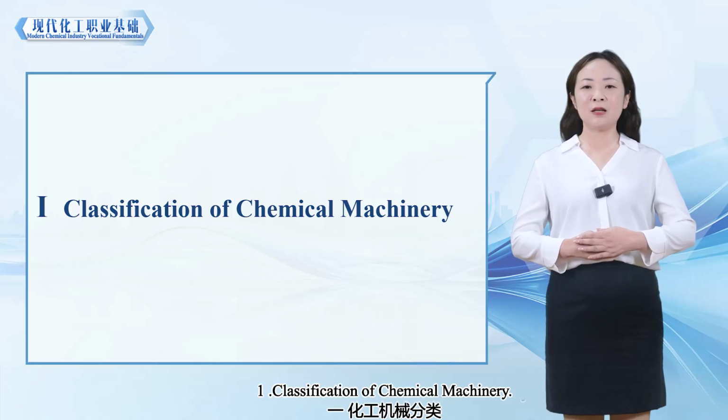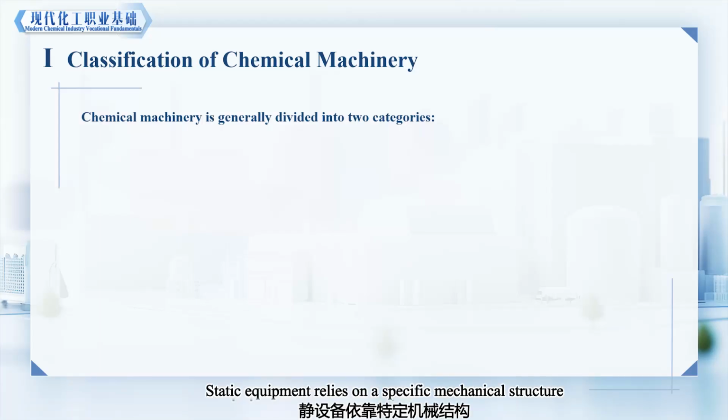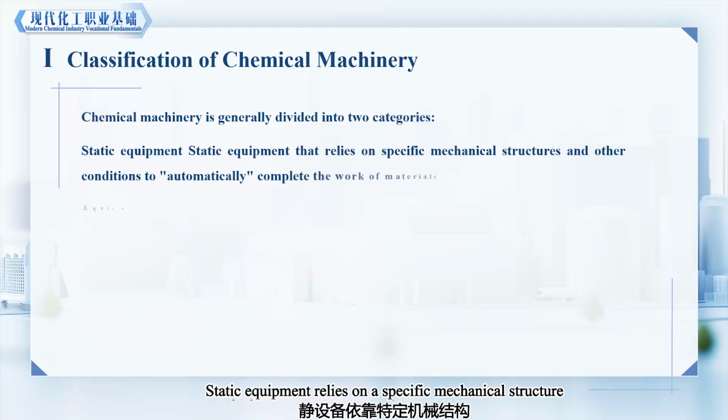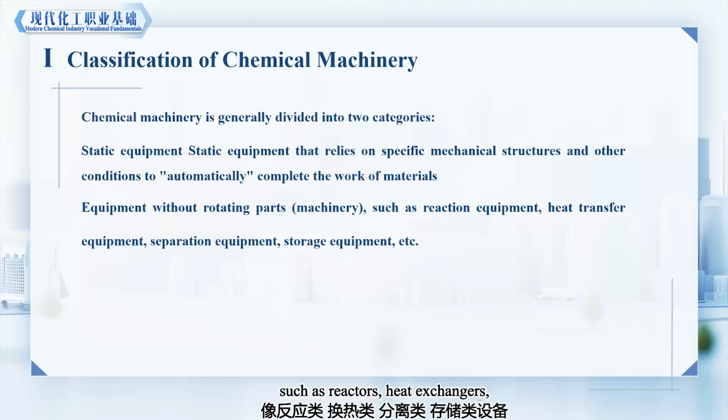First, classification of chemical machinery. Chemical machinery is divided into two major categories: static equipment and dynamic equipment. Static equipment relies on a specific mechanical structure to let materials automatically complete tasks without any moving parts, such as reactors, heat exchangers, separators, and storage tanks.